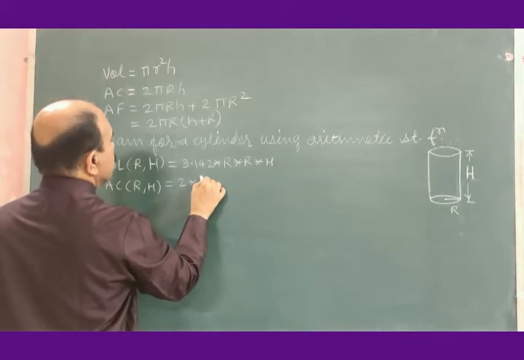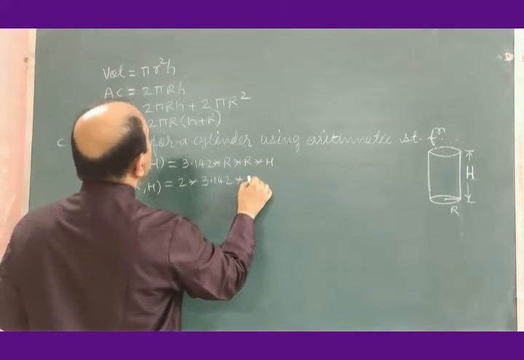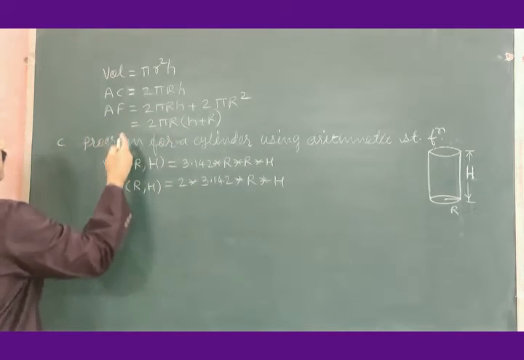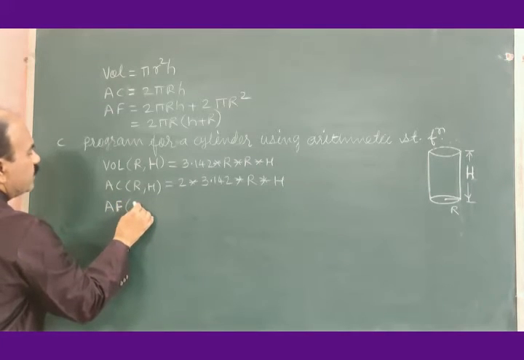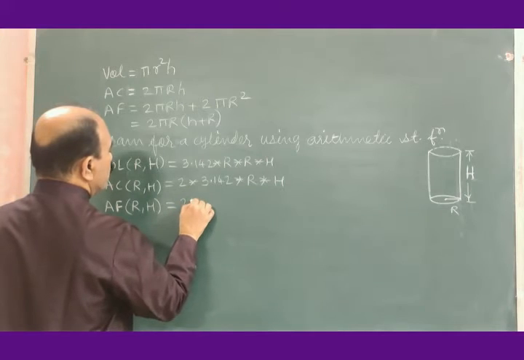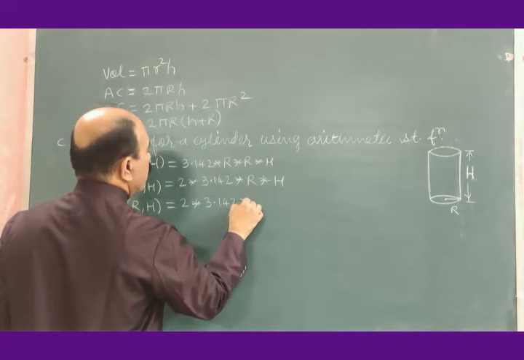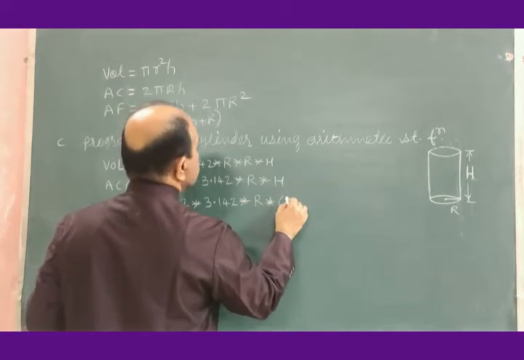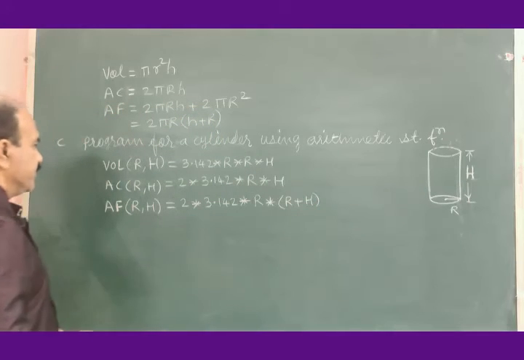2 into 3.142 into R into H. Third one is this, area of full surface of the cylinder, again a function of R and H, and that will be 2 into 3.142 into R into inside the bracket R plus H. Okay.